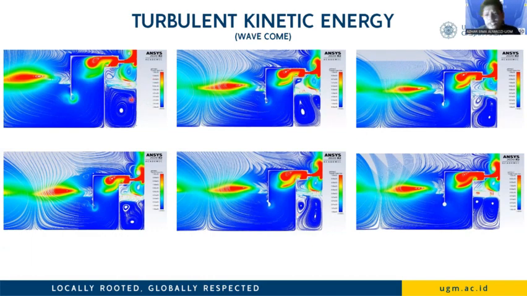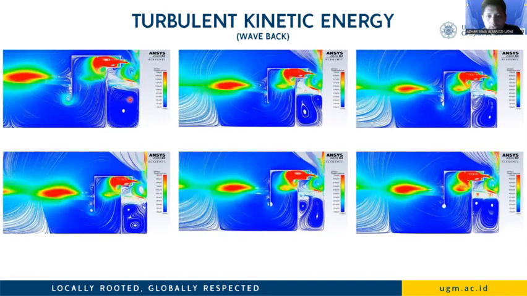The modification was successful in reducing the energy, so the efficiency was greater than that of the conventional underlip model. This is when the wave goes back. Also, at the time of the receding wave, the modification was successful in reducing the turbulent kinetic energy on the side of the underlip, so that the efficiency is greater than the conventional.